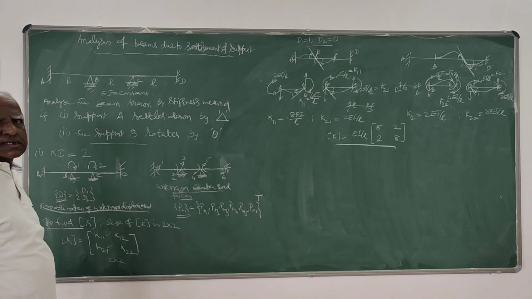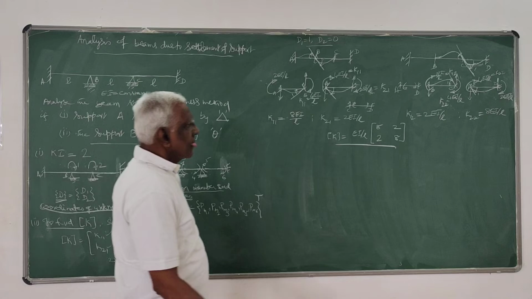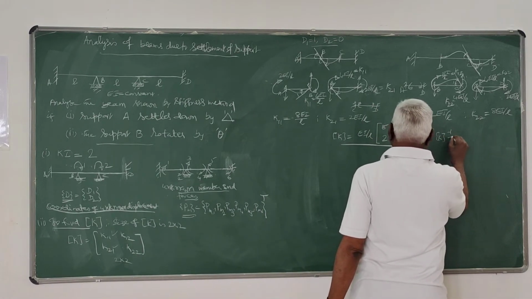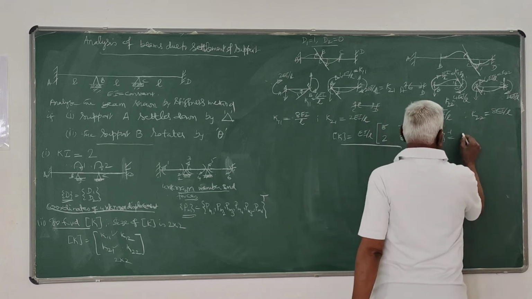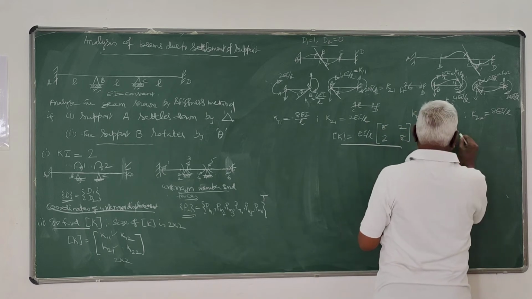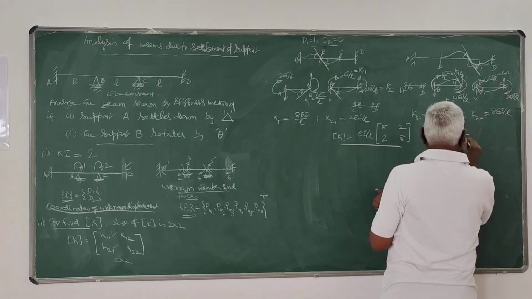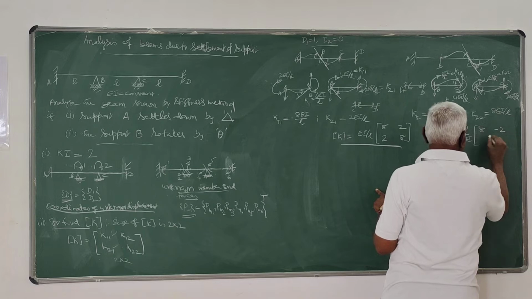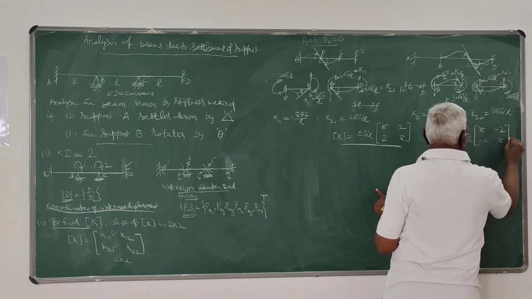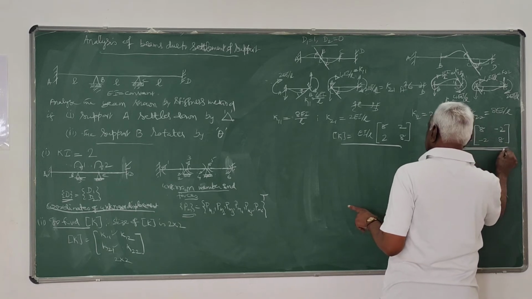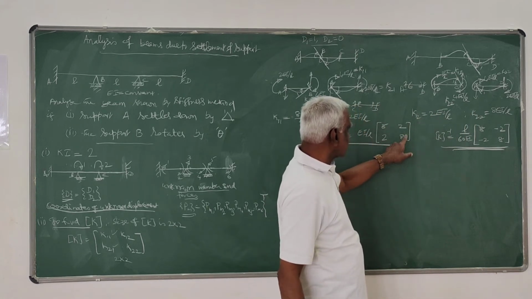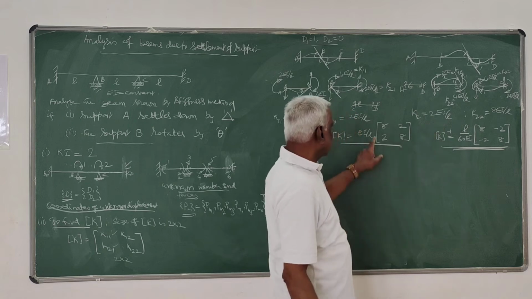I have developed the whole stiffness matrix. Then we can find K inverse, which is 1 over 60 times L by EI, times the matrix 8, minus 2, minus 2, 8. The determinant of this is 64 minus 4, 60.